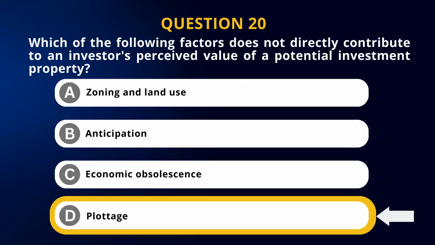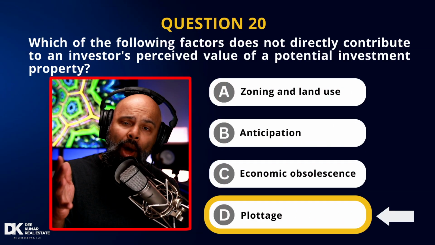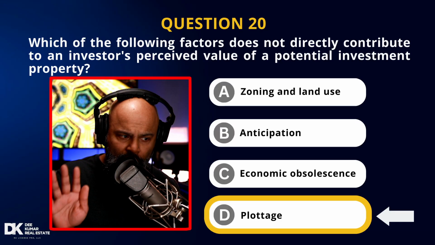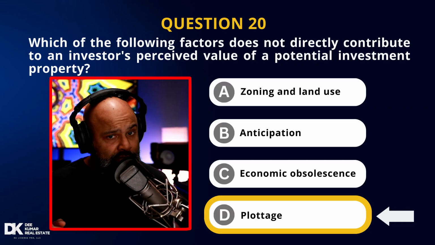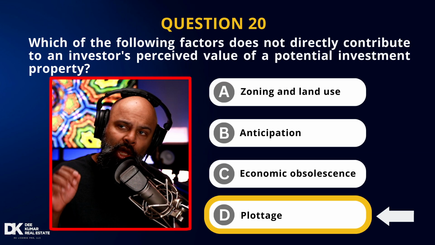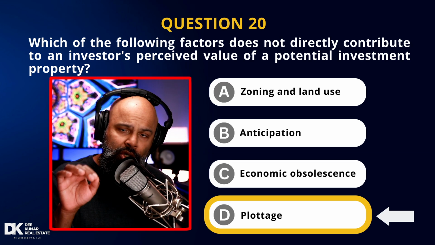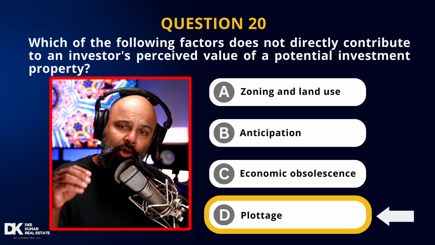All right, so which of the following factors does not directly contribute to an investor's perceived value of a potential investment property? Well, zoning and land use does affect, obviously, what you can and cannot do with the property, and therefore it will directly contribute to an investor's perceived value of a potential investment. Anticipation is another economic principle of being able to look at the environment around the subject property and determine as things are growing, regression, progression, those types of things.